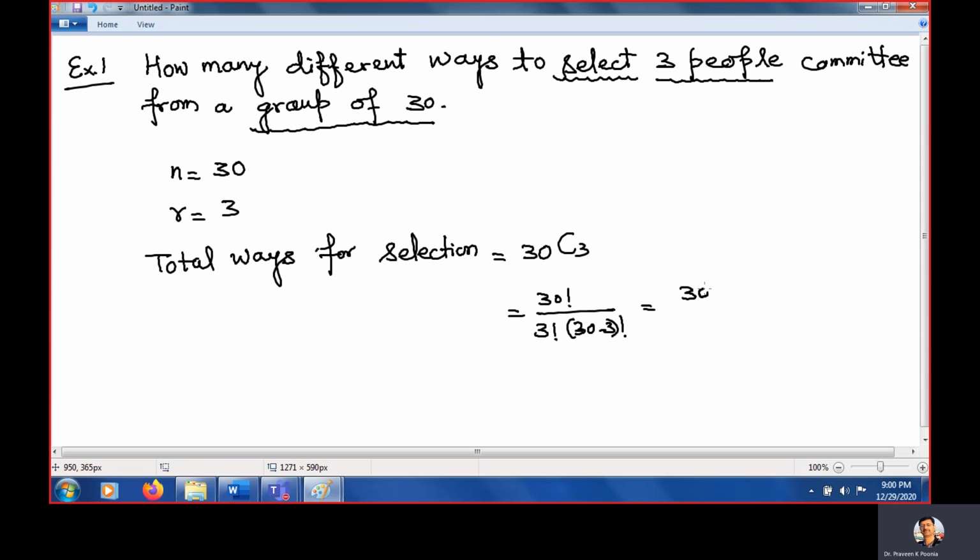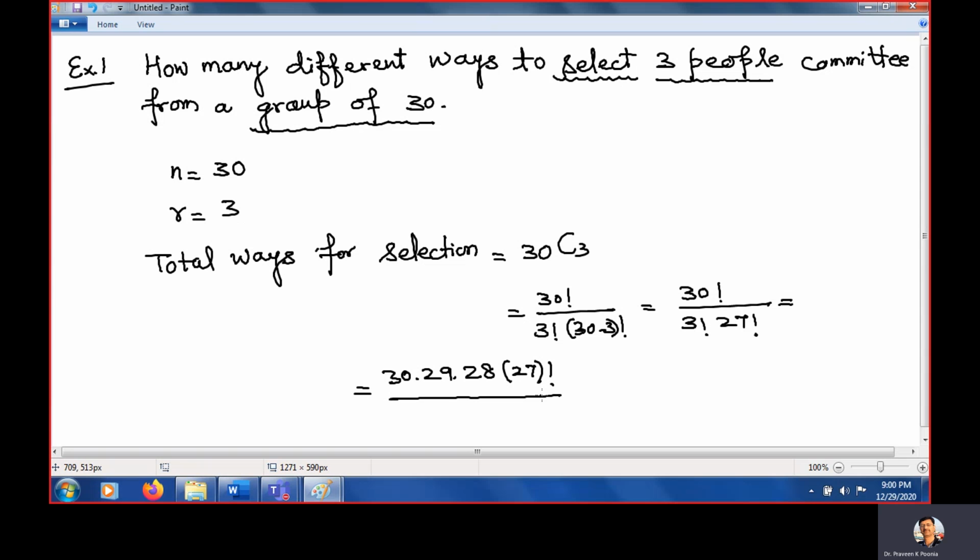If you check, it is 30 factorial upon factorial 3 and factorial 27. Now I will use one property here. I will start here: 30, 29, 28, and this can be written as factorial 27.